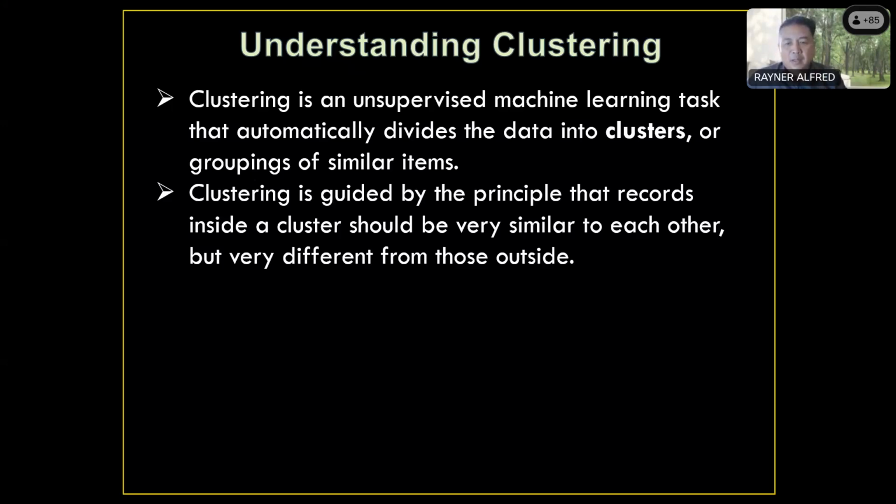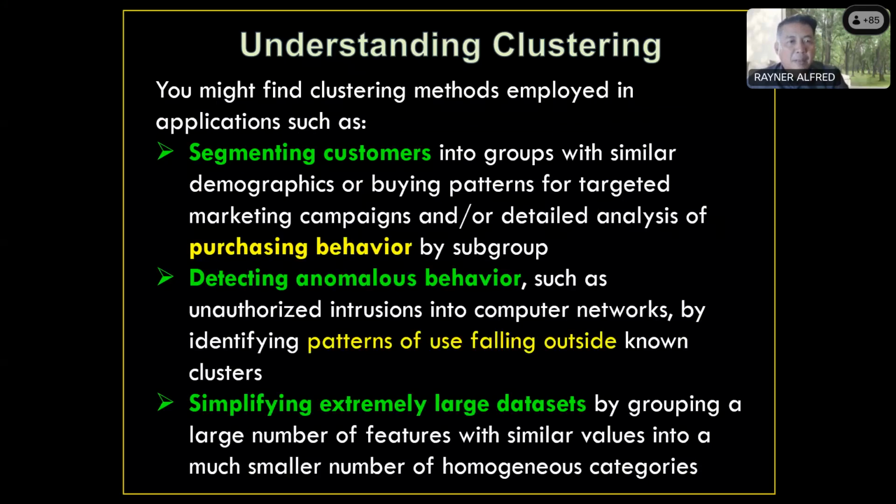Okay. So, for example, we can use clustering for customer segmentation, dividing them into groups depending on demographics or purchasing history, or we could use cluster analysis to detect anomalous behavior, abnormal behavior.